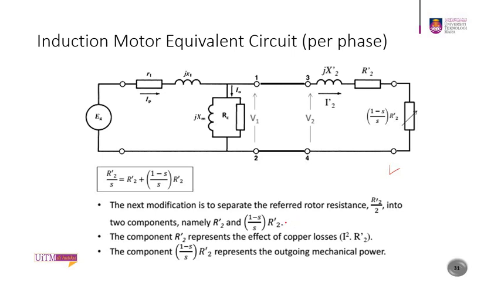One represents the effects of the copper loss, and the other represents the outgoing mechanical power. Sorry, this is not a loss.